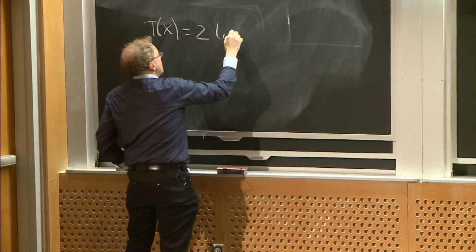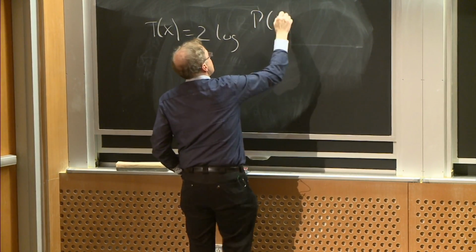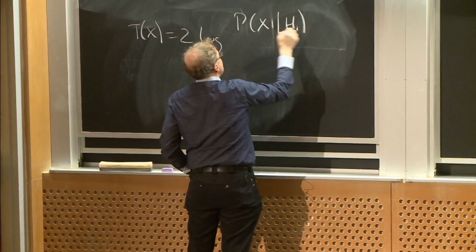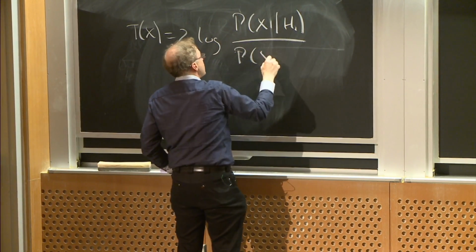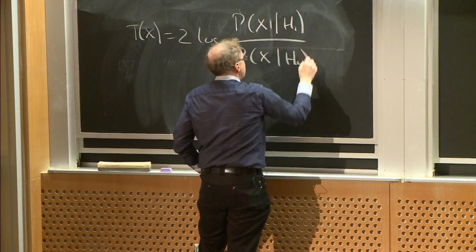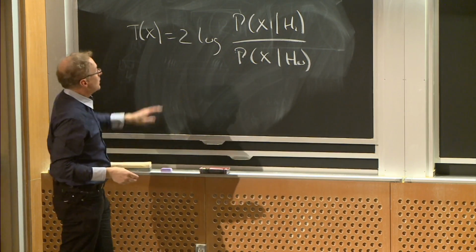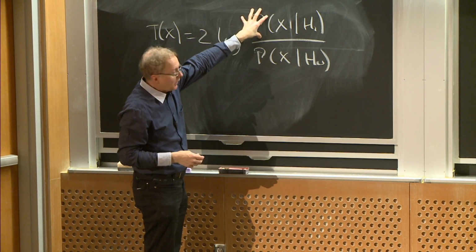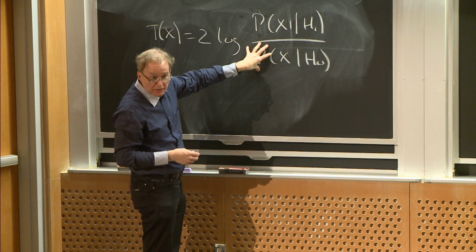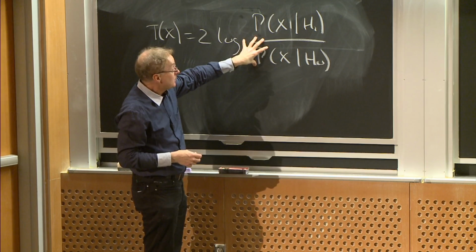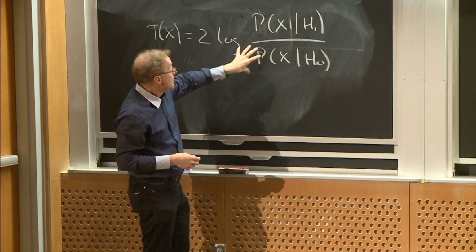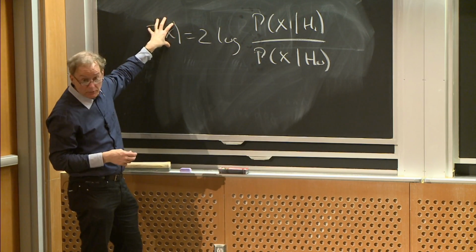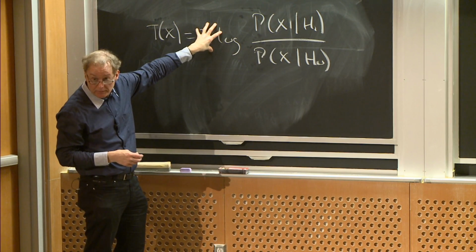It's 2 times the log of the probability of the observed data given H1 over the probability of the observed data given H0. Now we know that the numerator is always going to have a higher value than the probability in the denominator. So this ratio is always going to be greater than 1. So the test statistic will always be greater than 0, since we're operating in the log domain.